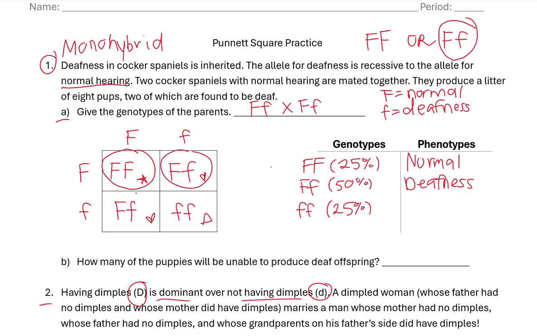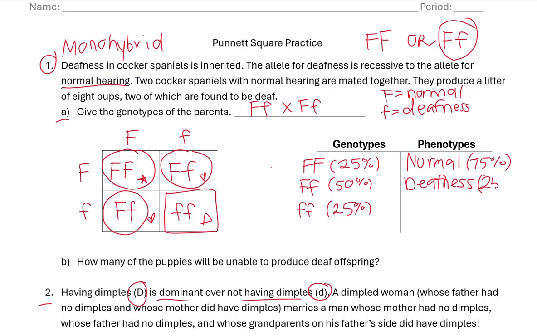The heterozygous ones will also have normal hearing. So 3 out of the 4 will have normal hearing, or 75%. How many will display the deafness phenotype? 1.